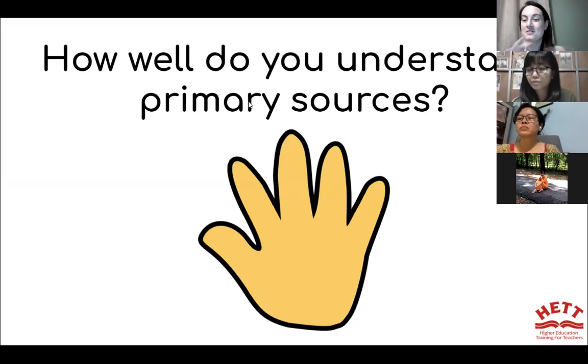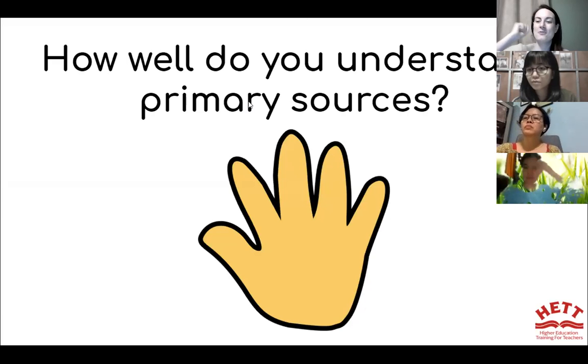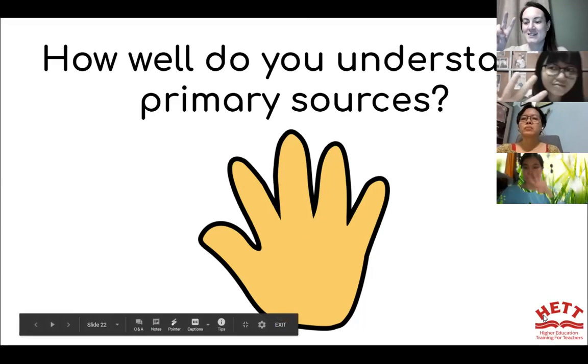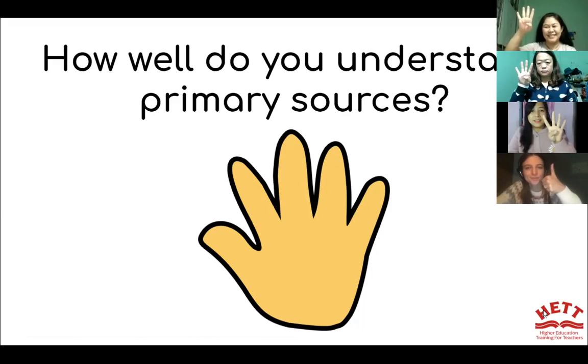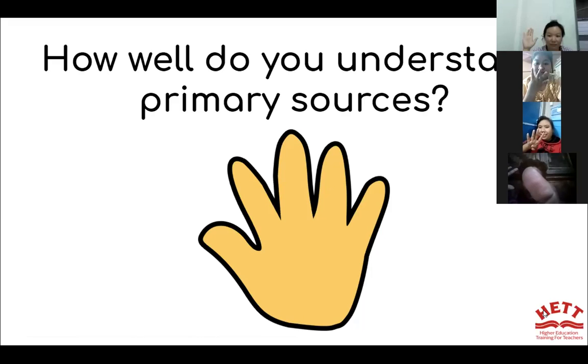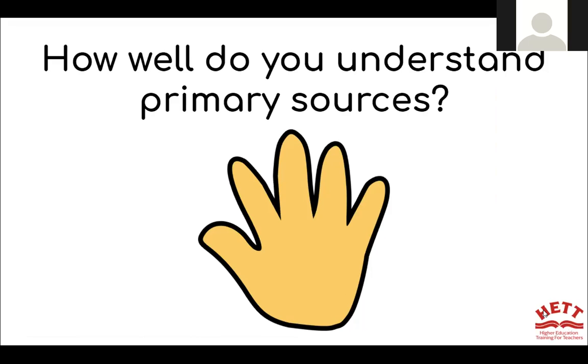You can write like 1, 2, 3, 4, 5. 1, 2, 3. So how many fingers? 3, 4, 4, 4. Okay, and let's see if there's any in the chat box. Somewhat. Okay, good.